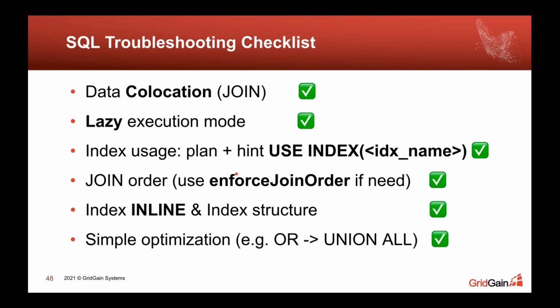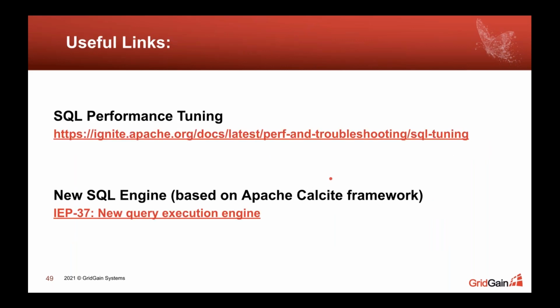And as I mentioned before, the only simple static optimization implemented is rewriting subquery into join. So don't hesitate to make it yourself, because some simple stuff like index usage with OR is possible to rewrite to union all, and it's pretty straightforward.